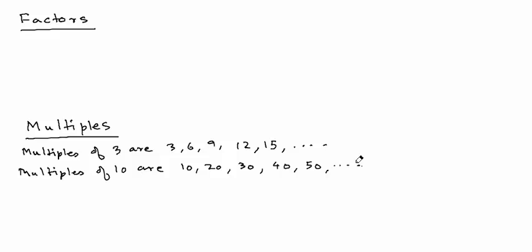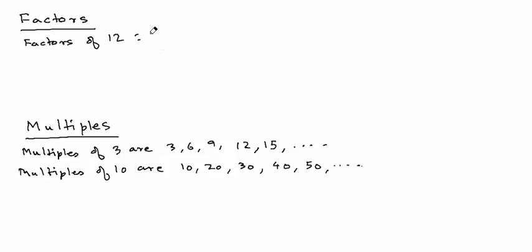On the other hand, the factors of a number are the numbers that can divide into that number. For example, let's talk about the factors of 12. Think about the numbers that can divide 12 without leaving a remainder.